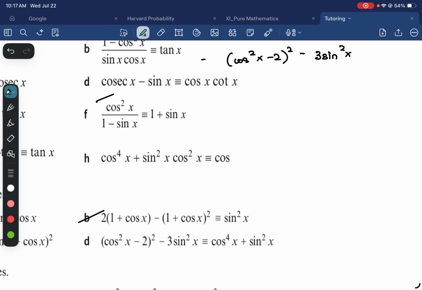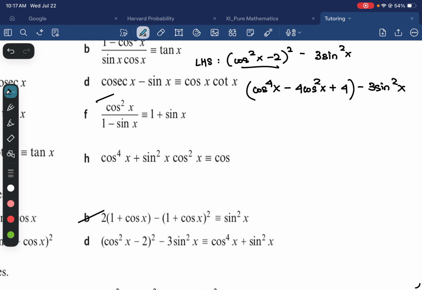So this is the left-hand side. Now, we need to simplify this. If you expand this bracket, I'll leave the expansion to you, you get cos 4x minus 4 cos squared x plus 4 plus 3 sin squared x.